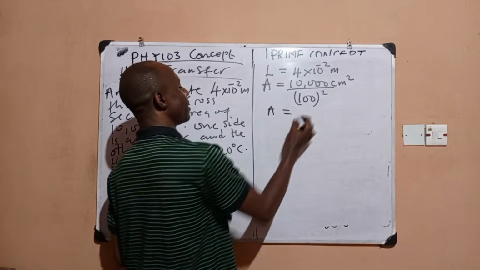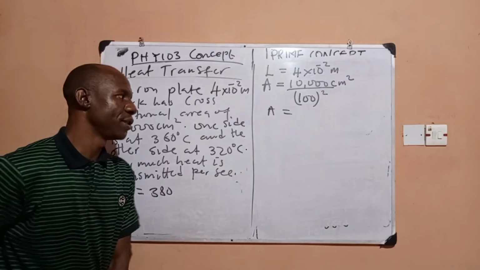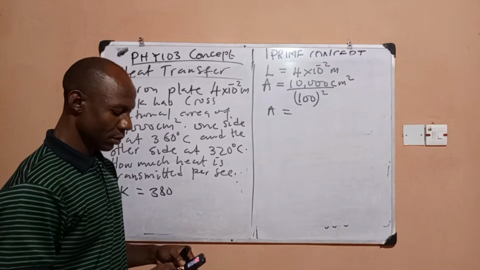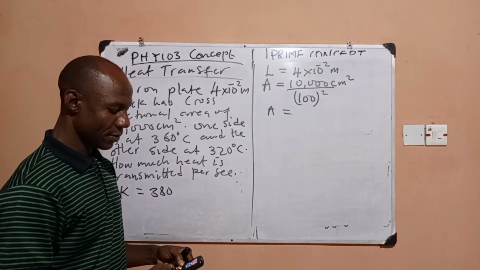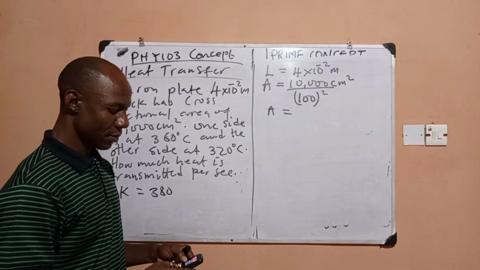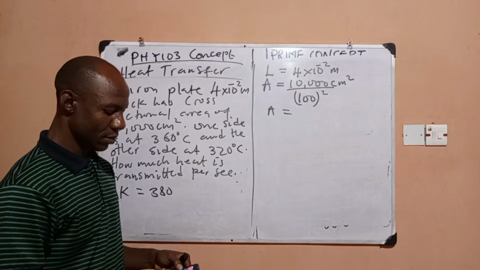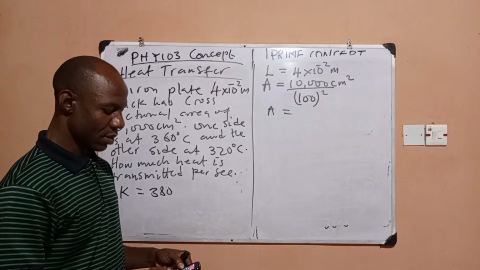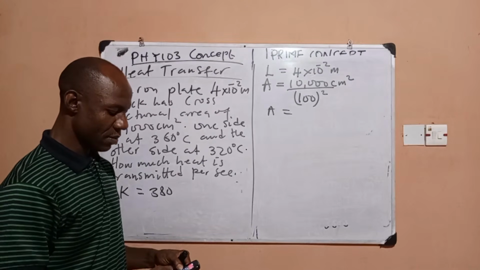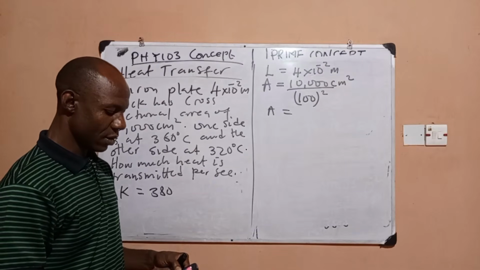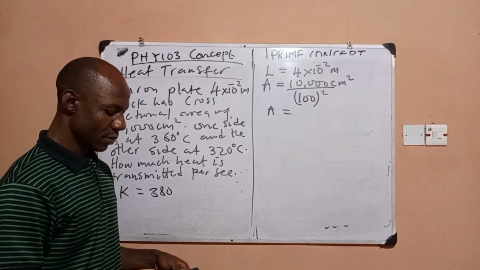So your area is 10,000 divided by 100 divided by 100.